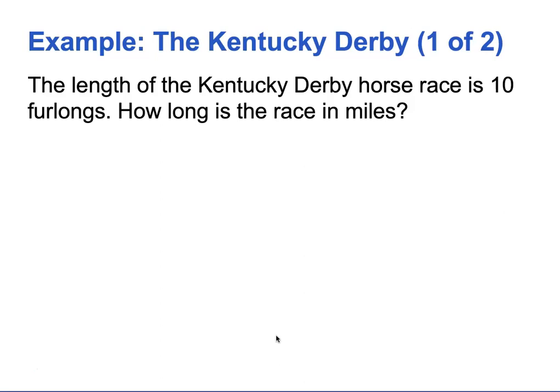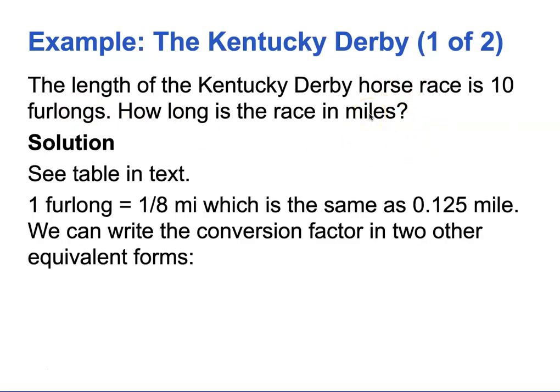Let's do an example. The Kentucky Derby. The length of a Kentucky Derby horse race is 10 furlongs. How long is the race in miles? Now, you don't even have to know what furlongs are, but you do have to know how many furlongs are in a mile or how many miles are in a furlong, because we're converting from furlongs to miles.